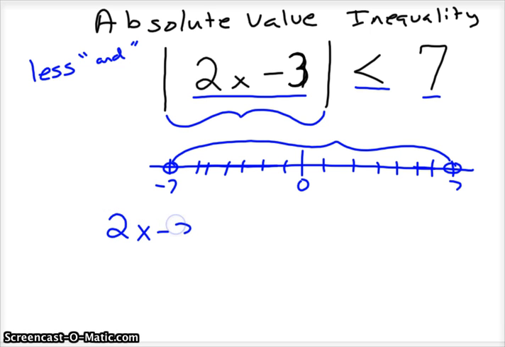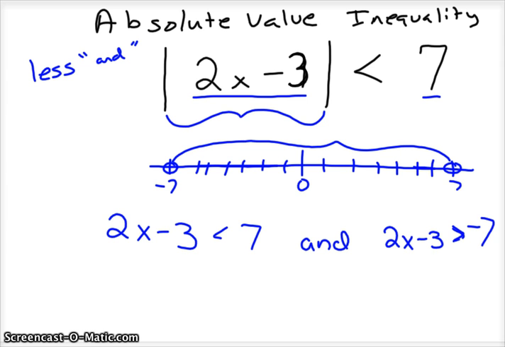We'd have the stuff that's in the absolute value is less than or equal to 7, and that stuff inside the absolute value could be greater than or equal to, oh, there's no equal to sign. I see, I added that, sorry, when I underlined it. And 2x minus 3, that stuff, is greater than negative 7.